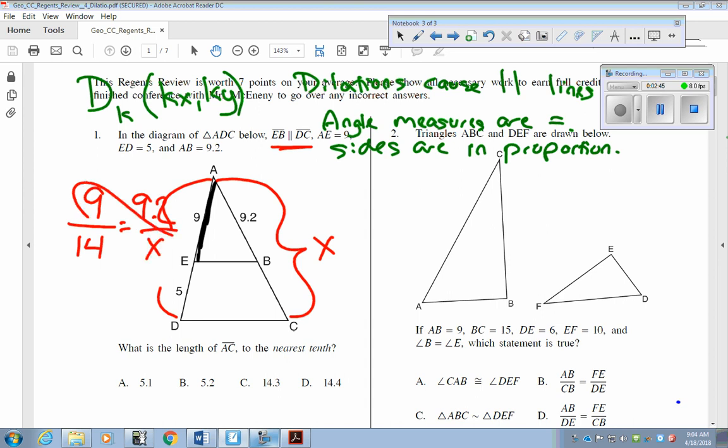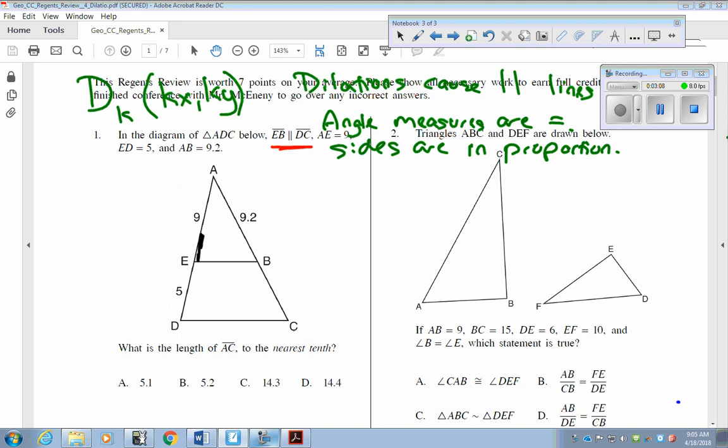So with a question like this, you'll want to do cross multiplying to help you find the x value. So I'm not going to give you the answer for that, but take it from there and see what you get. And again, just remember the answers should make sense. So if you have a bigger side on one, the other side should be bigger because they're in proportion to each other. Okay. So let's kind of move on from here.